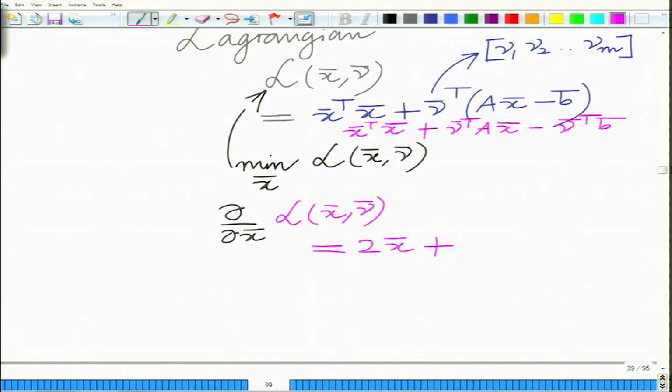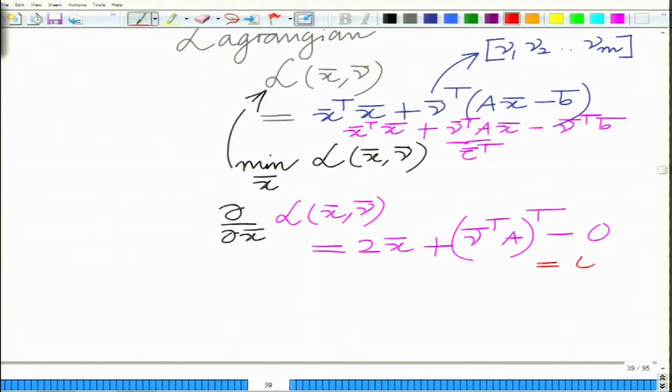The derivative of C bar transpose x bar with respect to x bar is C bar. So the derivative here is the transpose, that is, A transpose nu bar. And the derivative of nu bar transpose B bar with respect to x bar is 0. Okay.